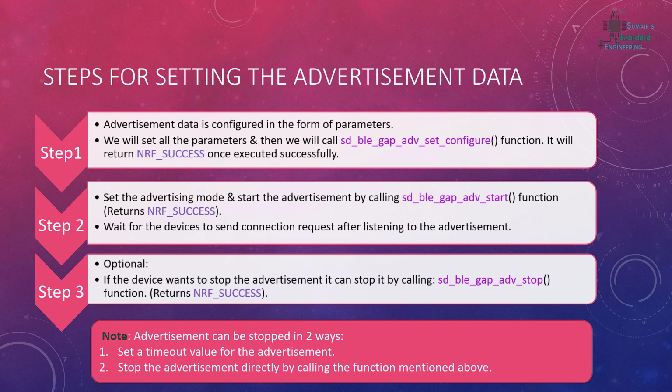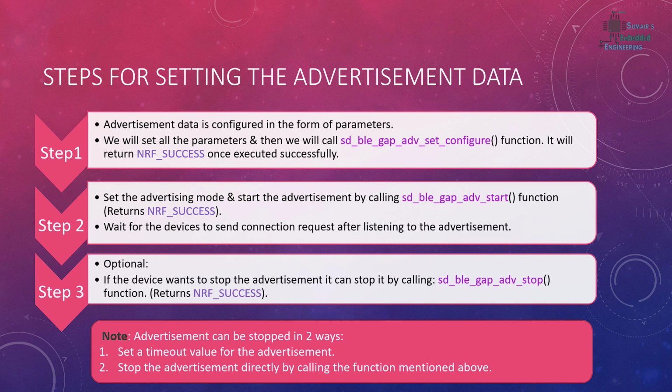Now we are going to take a look at the steps. I have made these three simple steps for you so that it's easier for beginners to start configuring their advertisement packets, and then they can use these functions to work with the advertisement.